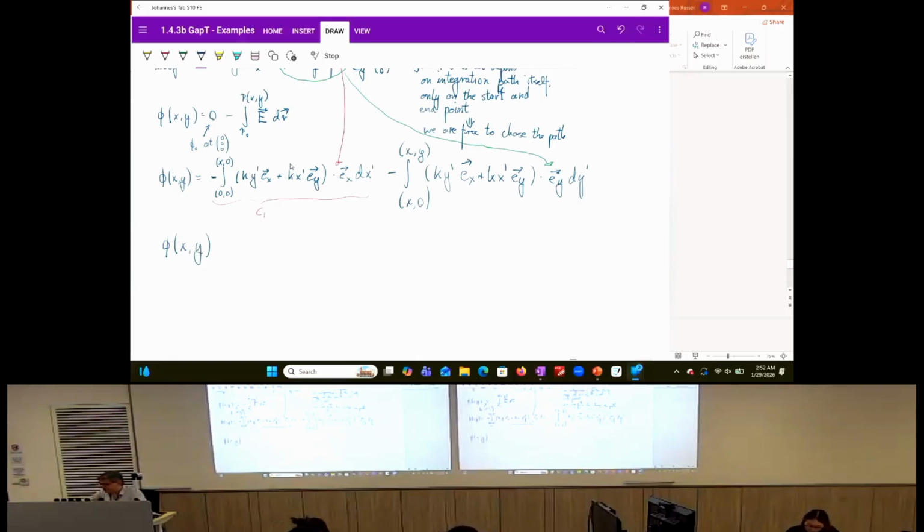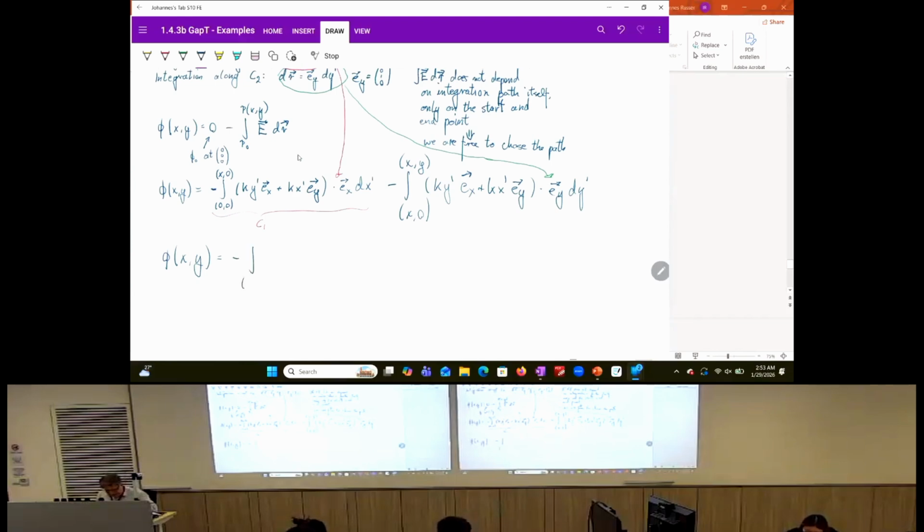So you see that what you have here in the bracket, the y component, doesn't yield a contribution in this first integral. So we can simplify and see that we have to integrate here from (0, 0) to x0 over k times y dx. Mind that the potential then becomes a scalar field, and it doesn't have any vector properties.